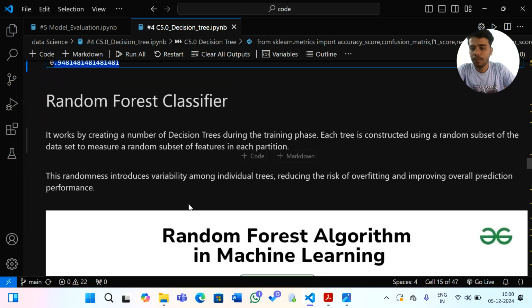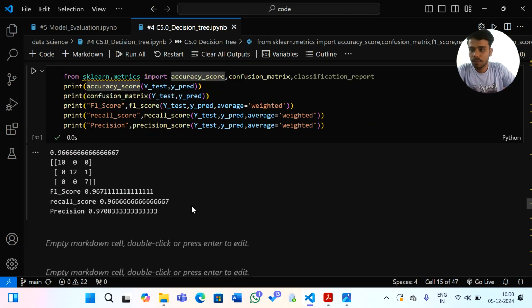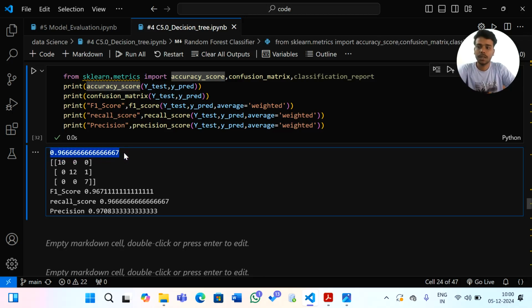Now we will compare it with the random forest algorithm. In the random forest algorithm the accuracy is increased by 0.03, because here we have an accuracy of 0.96. So random forest is a more accurate model.